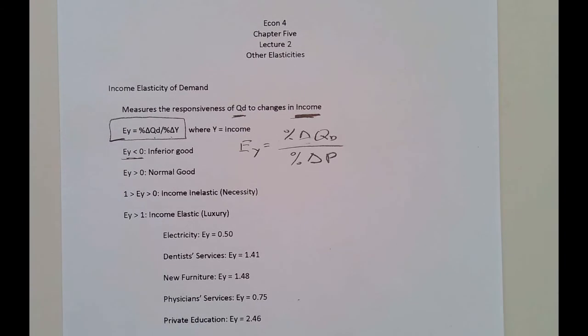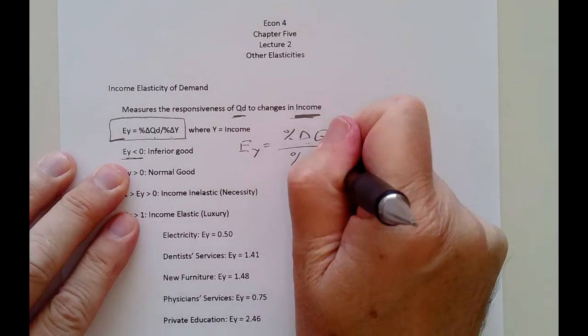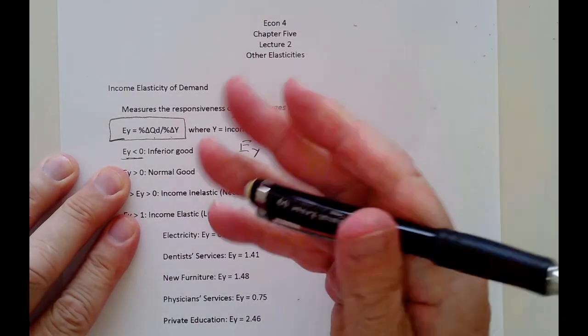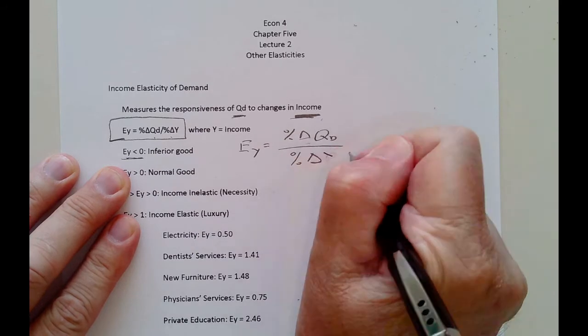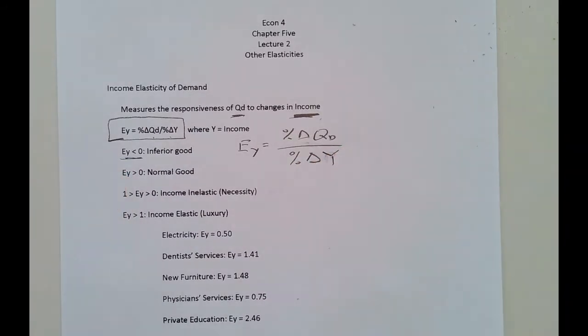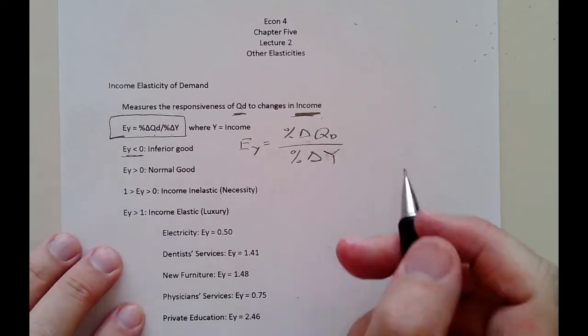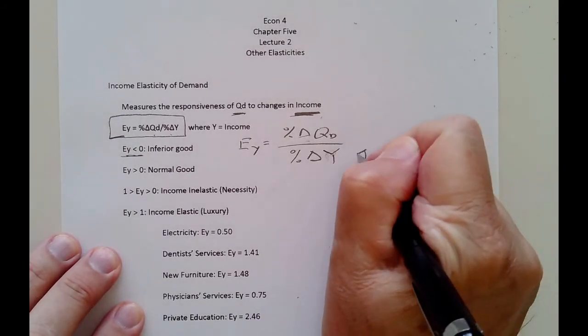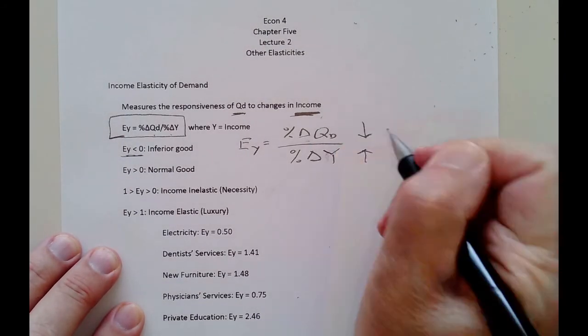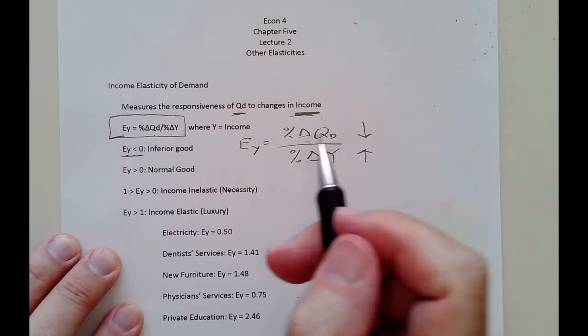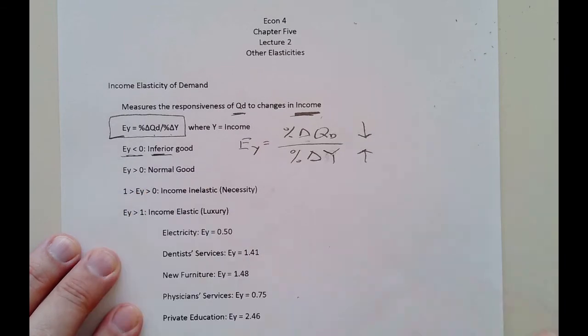Sorry about that. And so here, oops, made a mistake right there, that's change in Y for income. We use Y for income because I is taken for investment in macroeconomics. And so now if your income goes up, some goods we actually buy less of. Remember from chapter 3, those are our goods which are considered inferior. So maybe this could be top ramen.